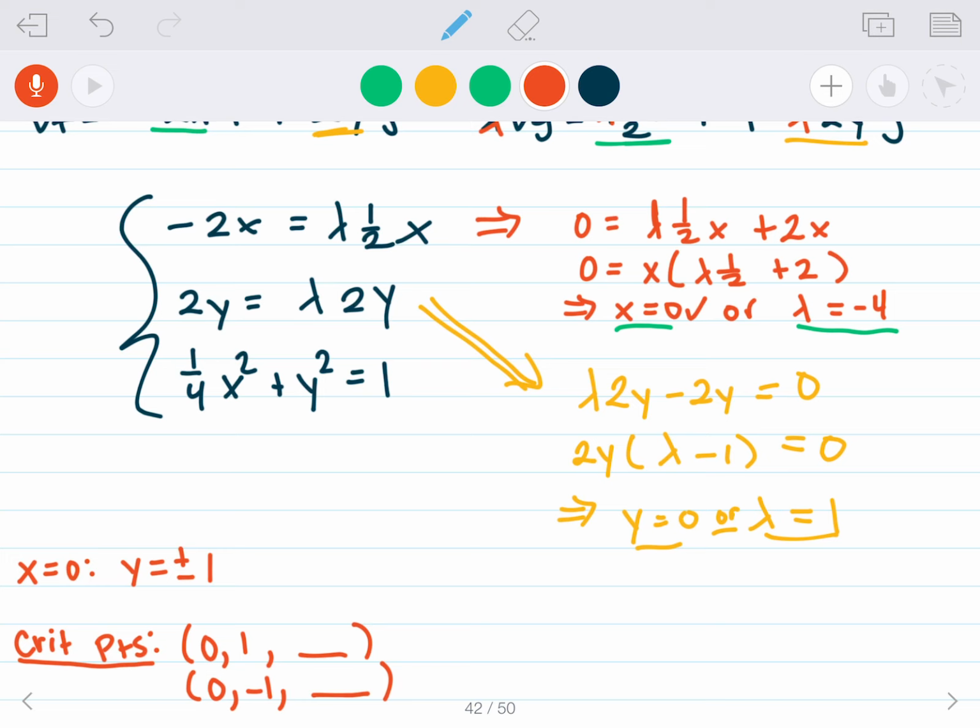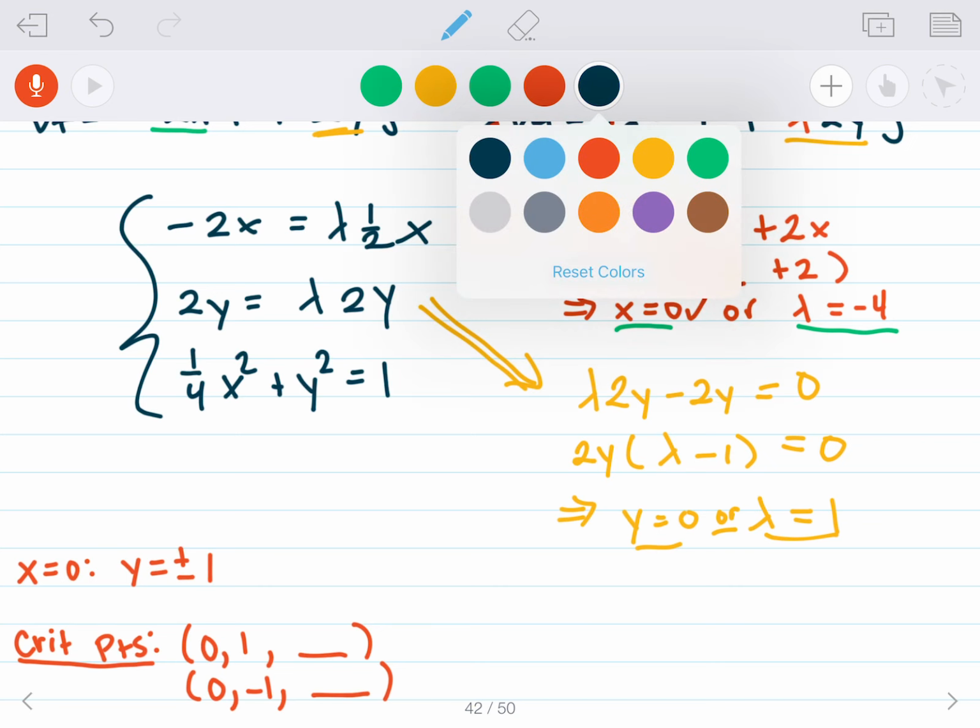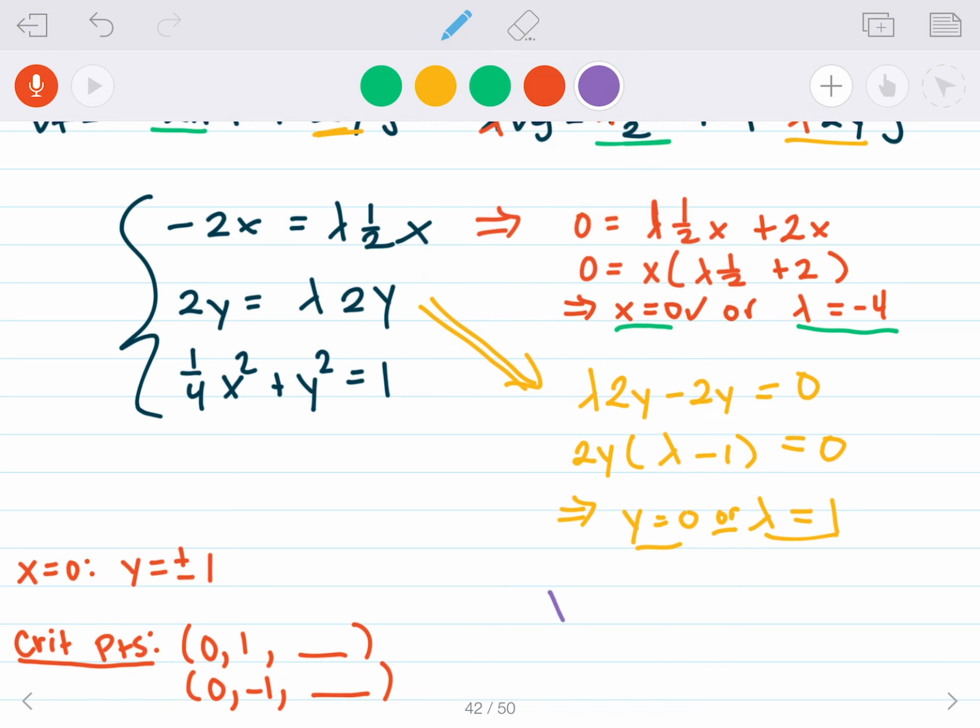What about the case when lambda is equal to -4? When lambda is equal to -4, which equation should I use to get some information? Well, I don't want to use this one because that's how I derived this. I don't want to use the equation I derived it from. The other equation that involves lambda is this one down here, so I'm going to use it.